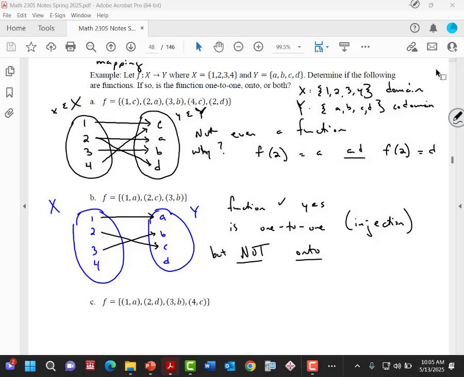The reason it's not onto is because there is this little lonesome D in the codomain, and notice nobody maps to him.